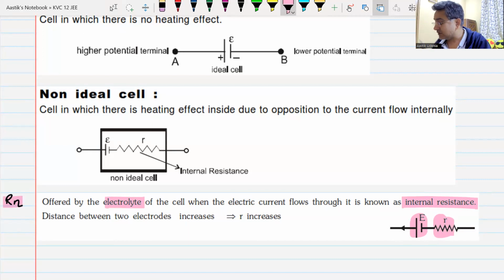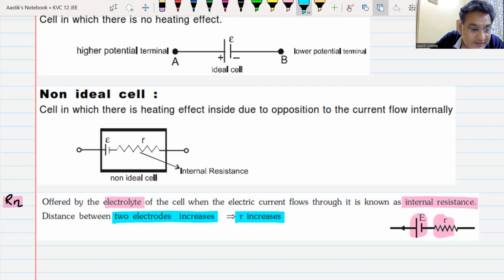On what factors does the internal resistance depend? The first factor: if the distance between the two electrodes increases, internal resistance increases. Do we understand this? Internal resistance of the cell depends on these. EMF does not depend on these factors, but the internal resistance of the battery depends on these factors. I hope you are able to understand this.